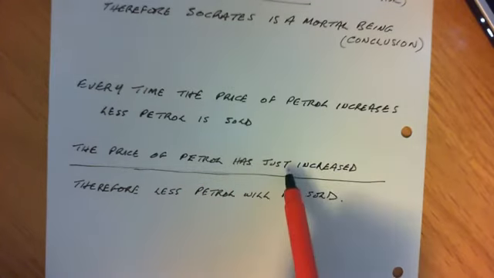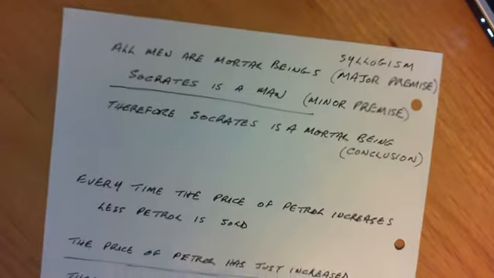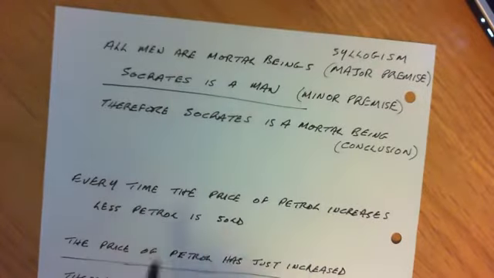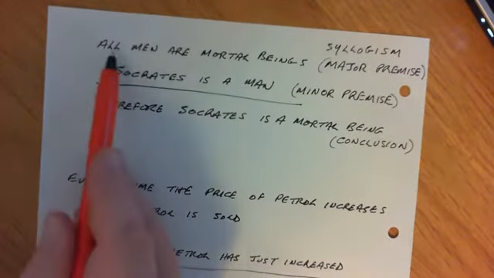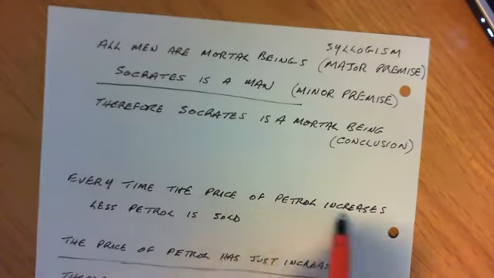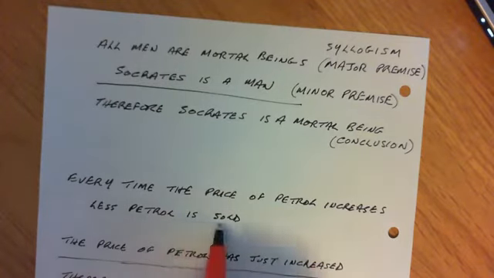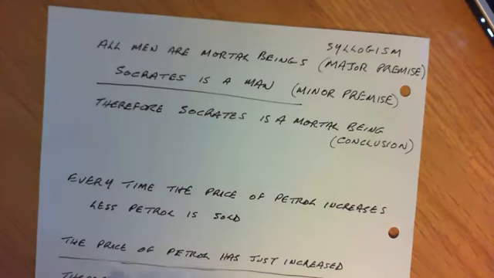The price of petrol has just increased, and therefore less petrol will be sold. Compare it. It's almost identical. All men are mortal beings. Every time, all. The price of petrol increases. All men. Less petrol is sold. Mortal beings. Then we go on. The price of petrol has just increased. Therefore, less petrol is sold.